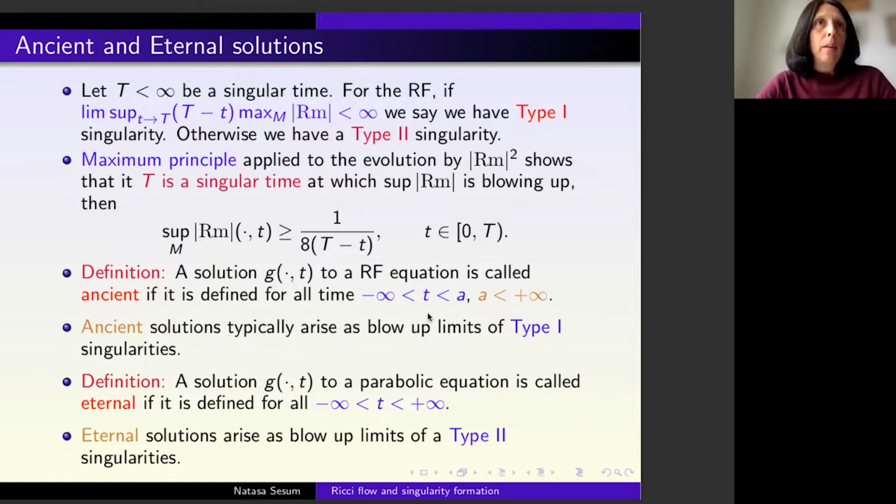So it cannot blow up at a slower rate than that; it can only blow up faster. If it blows up at this rate, T minus t, then we call it a type 1 singularity.